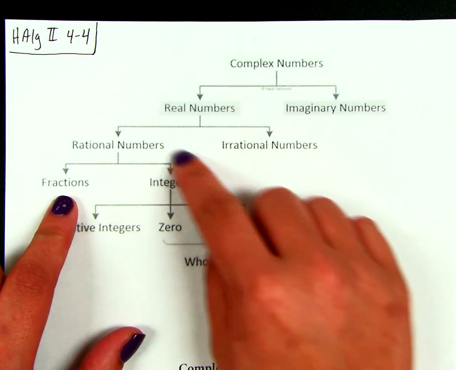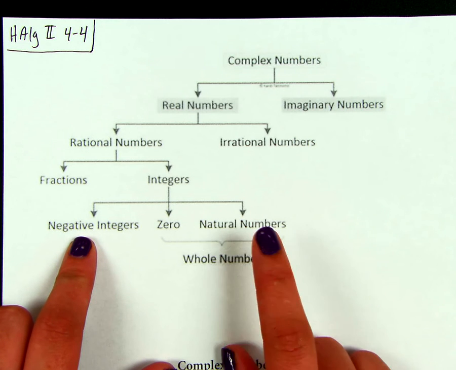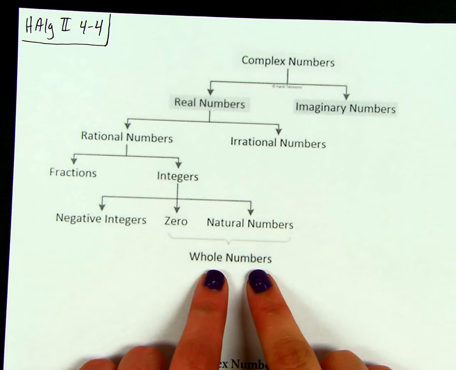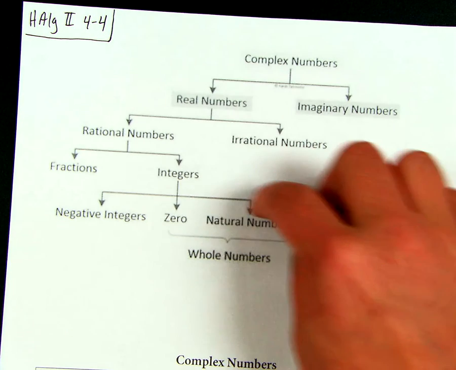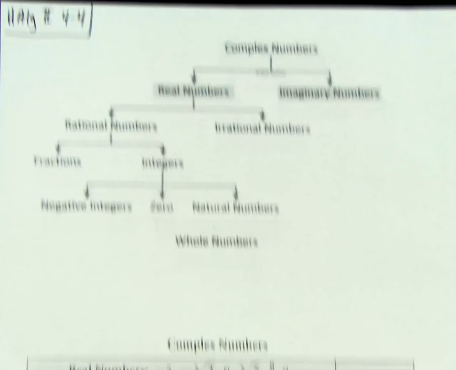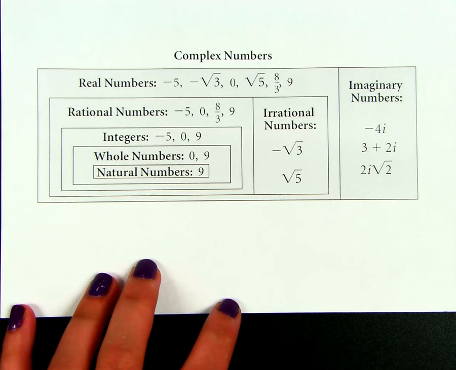Then our integers are the positive and negative whole numbers and 0. Our whole numbers are made up of 0 and our natural numbers. So natural numbers is our smallest subgroup. Again, here's the other one that we looked at the very beginning of the year, so we just added those two categories to it.